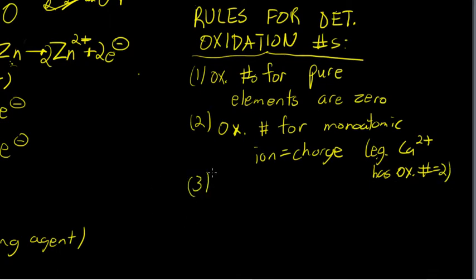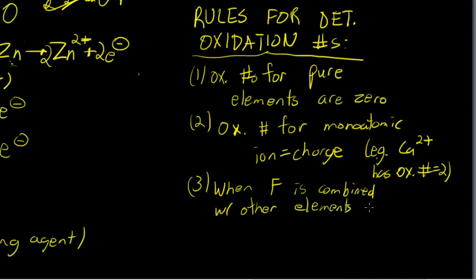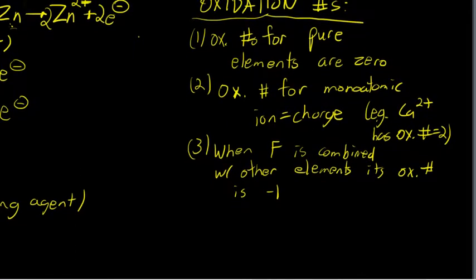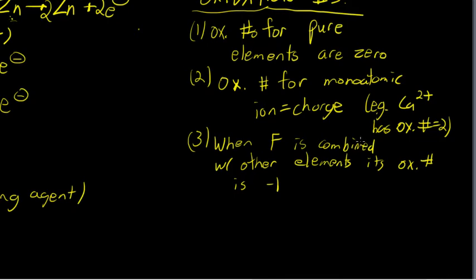The third point, when fluorine is combined with other elements, its oxidation number is -1. I'm going to pause here, write down the rest of the rules, and I'll explain them right after.